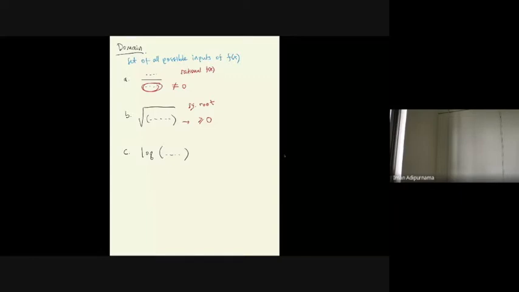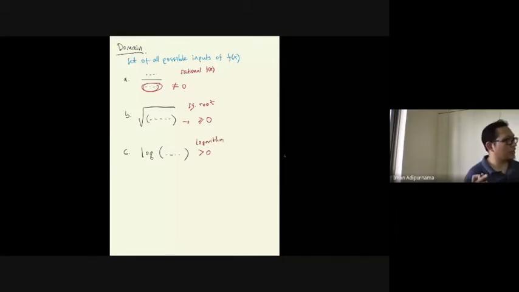Log 10 is 1. Log 100 is 2. It's easier, right? If you have hundreds, thousands, it's easier to make a graph using log, especially if your data is really high in number. So can it be 1? Yes, log 1 is 0. Can it be 0? A negative? No. So it should be greater than 0. So logarithm.